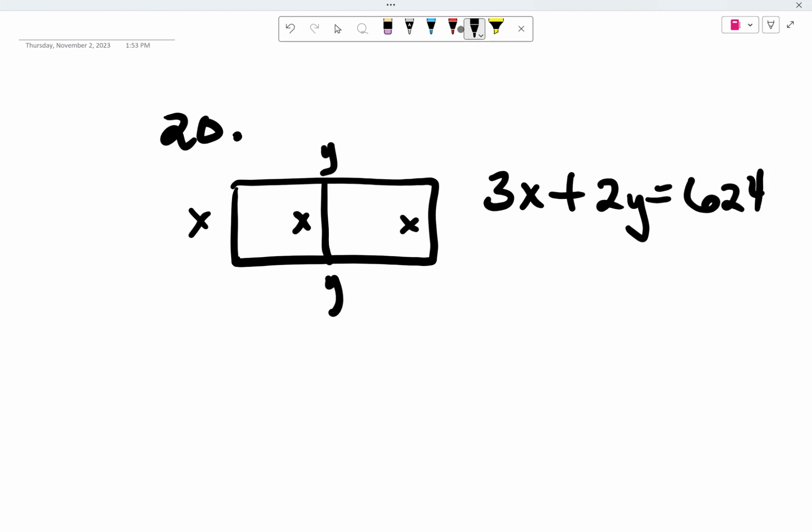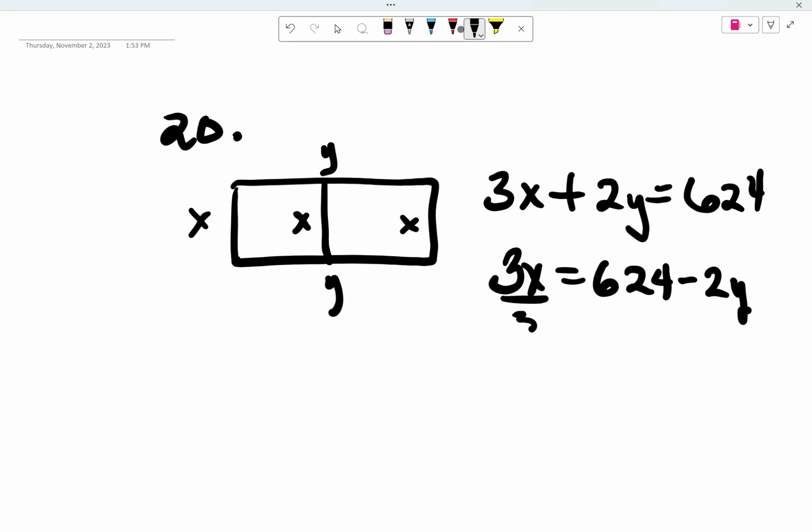If I solve for Y, I think I'm gonna do that. Or I can solve for X, it doesn't matter. Let's go with subtracting Y, so that I have 3X is equal to 624 minus 2Y.